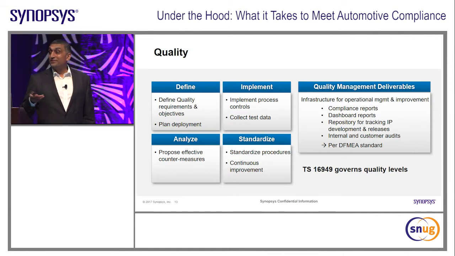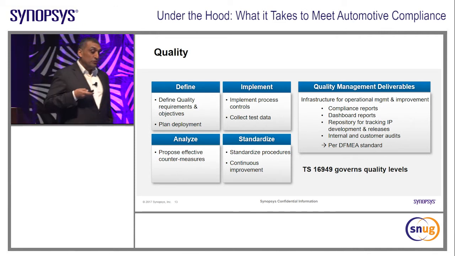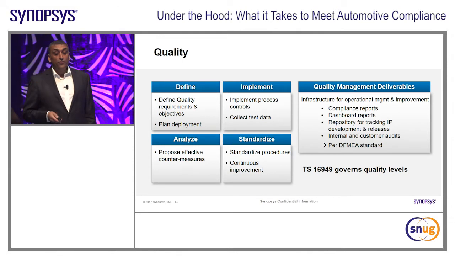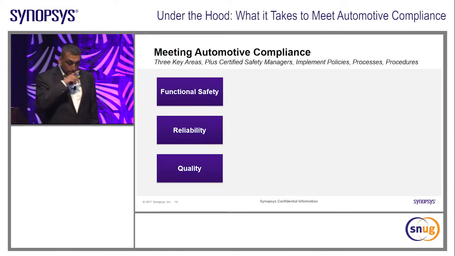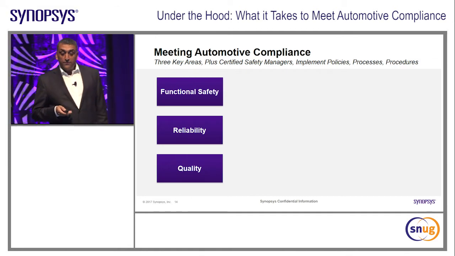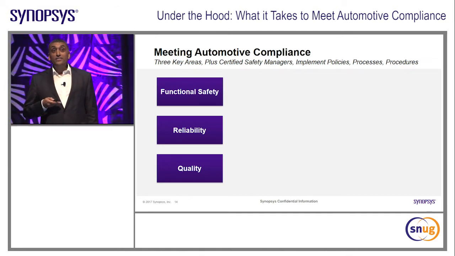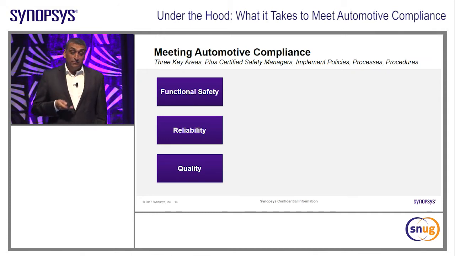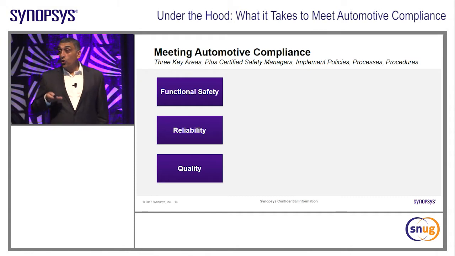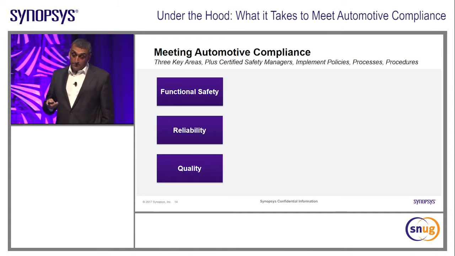So a lot of acronyms. And the quality standards are all governed by TS 16949. So we talked about these three areas: functional safety, reliability, and quality. Once you understand what it takes to meet those three requirements, you can claim to have some understanding of building automotive-grade SoCs or automotive-grade IP.